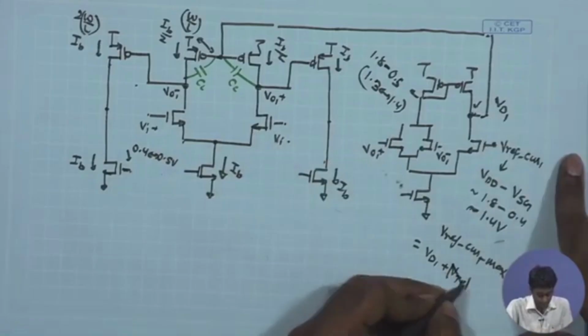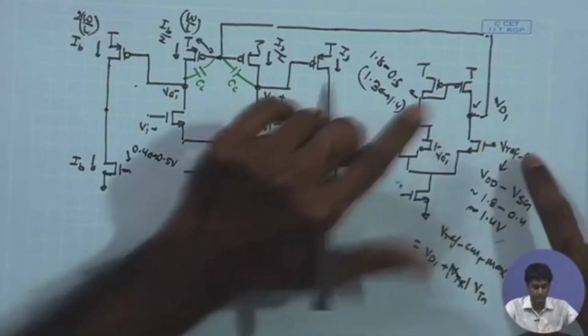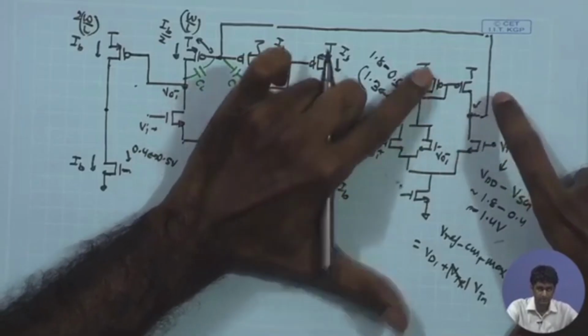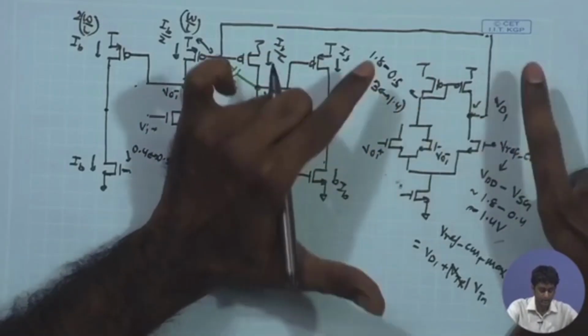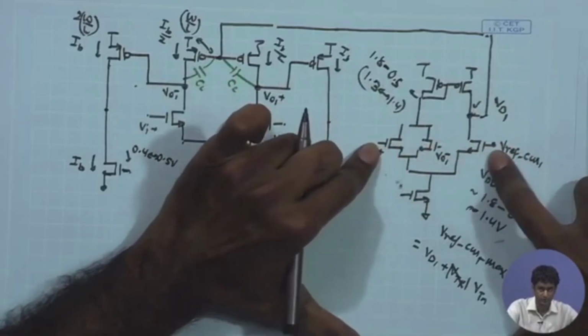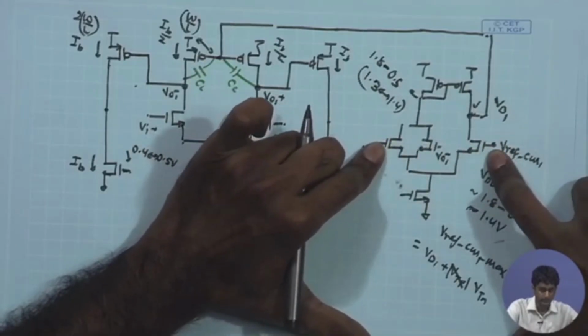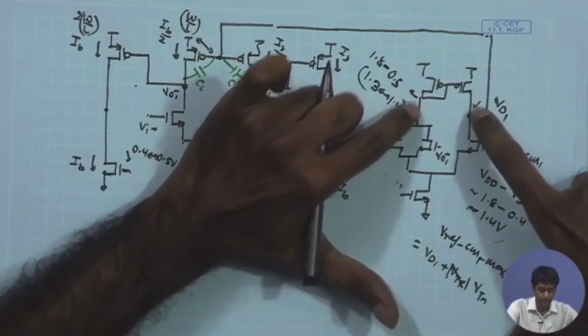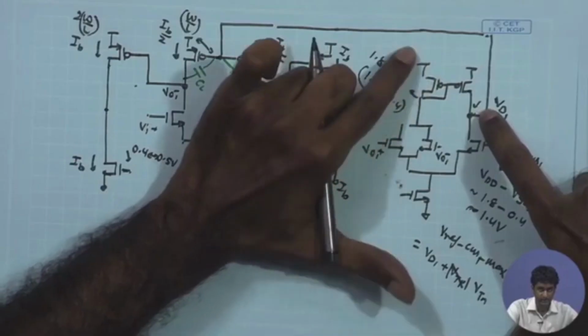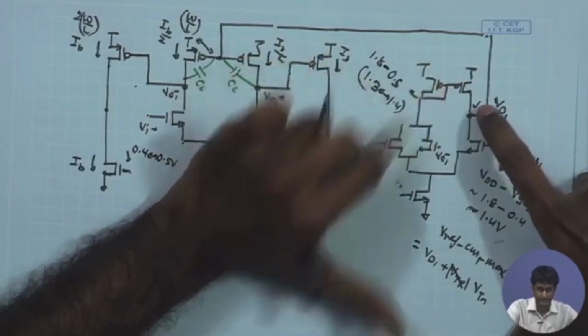Sorry, this should be plus Vtn of the NMOS, because here we are talking about a particular drain voltage which has been set with the help of the direct connected MOSFET, and if you are assuming that these two voltages are close together under nominal operations, as a result the drain voltage over here is set with the help of the direct connected MOSFET, that is Vdd minus Vsg, that is same over here.